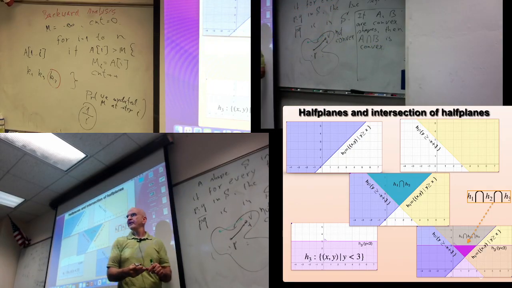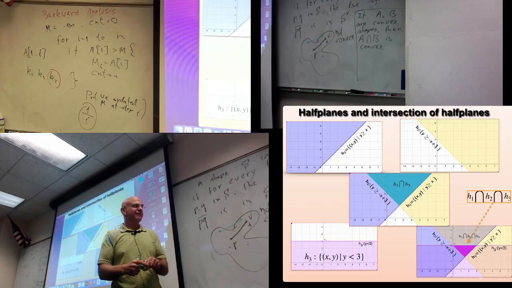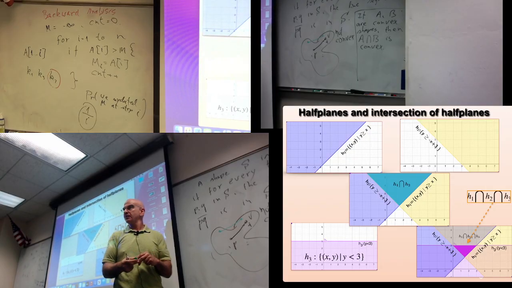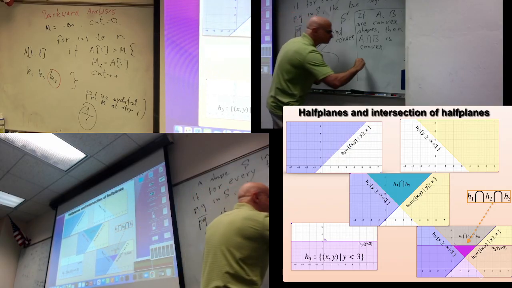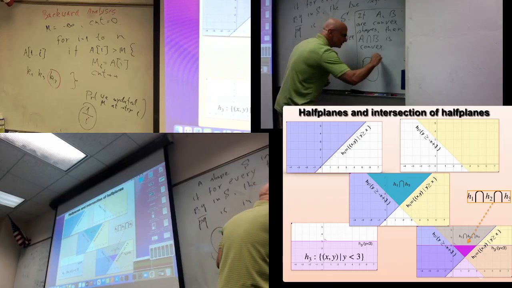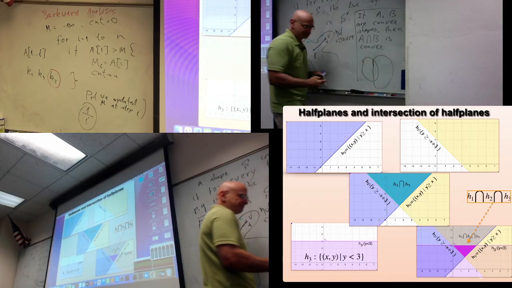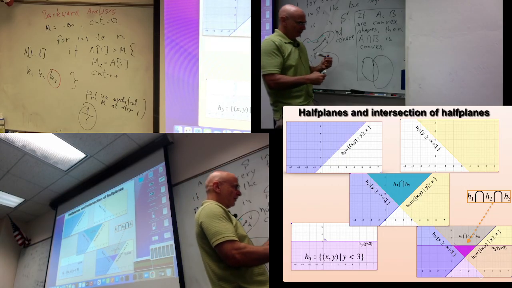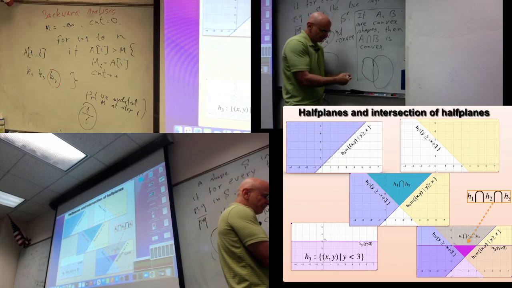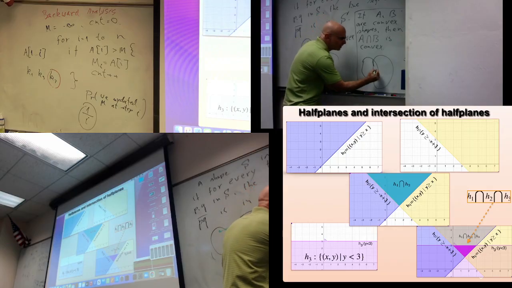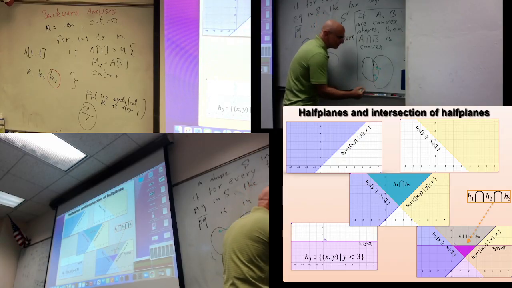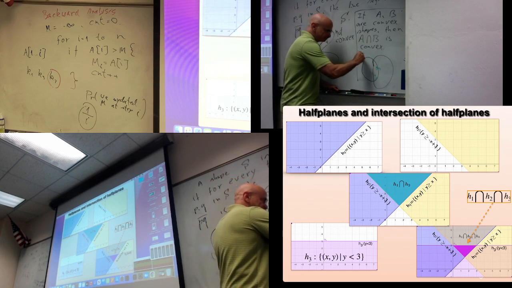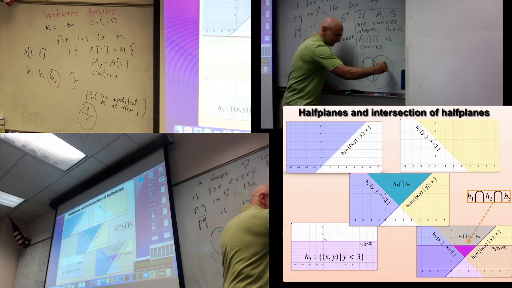A little lemma, very easy to prove: if I have two shapes that are convex, I guarantee that their intersection is convex too. Pick any two points P and Q in the intersection.